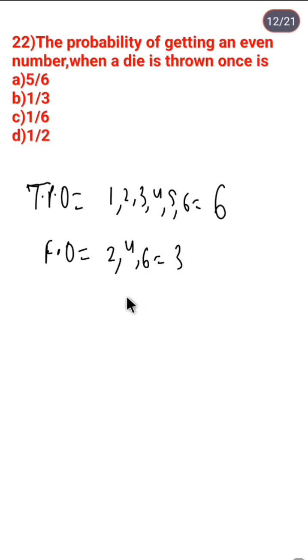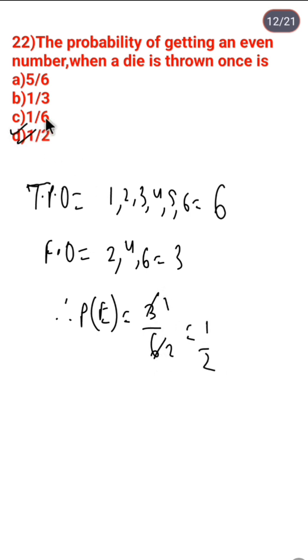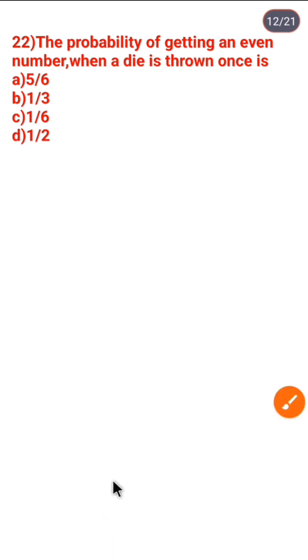How many? 3. Therefore the probability of getting an even number when a die is rolled is 3/6, that is 3 1s are 3, 3 2s are 6, that is 1/2. Option D. Next question.